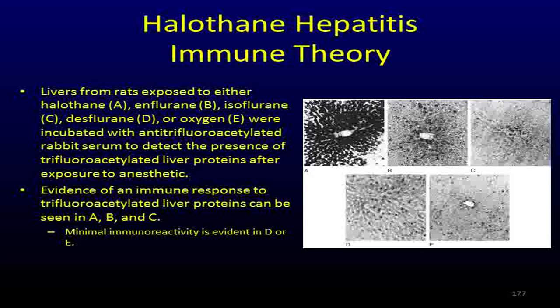Why? Because we've got two modern agents here. So let's take a look at this specimen of liver tissue from the rat. What happened was these rats were exposed to these gases, and then the tissue was harvested, the liver, and antibody staining was conducted.